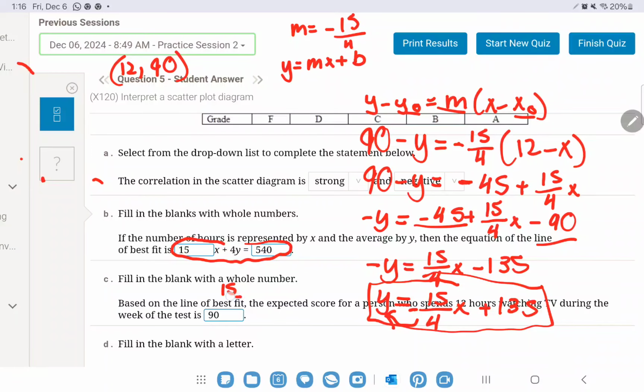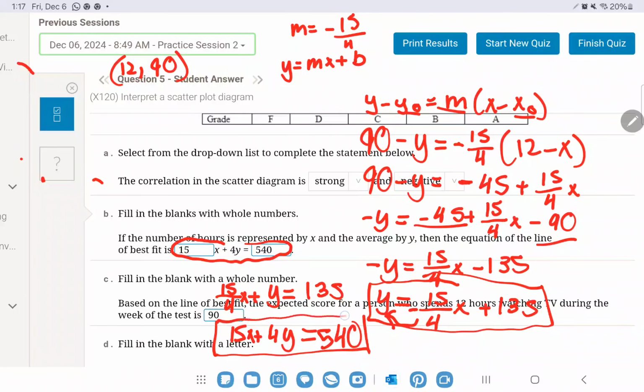So 15 over 4x plus y equals 135. They want it in this form, and multiplied everything by 4. So now you get 15x plus 4y equals 135 times 4, which is 540. And that's your final answer. That's how you get this part.